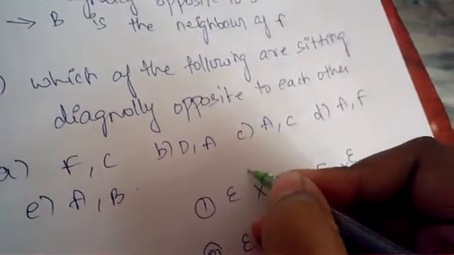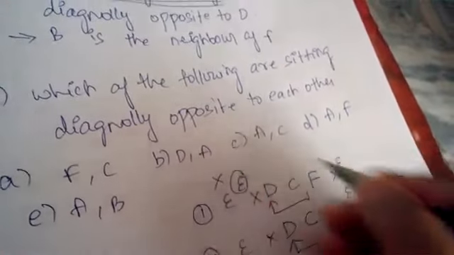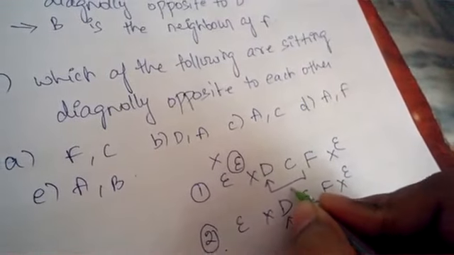So E will be either here. No, this will not be possible because this will be the dead end. E will be in between.